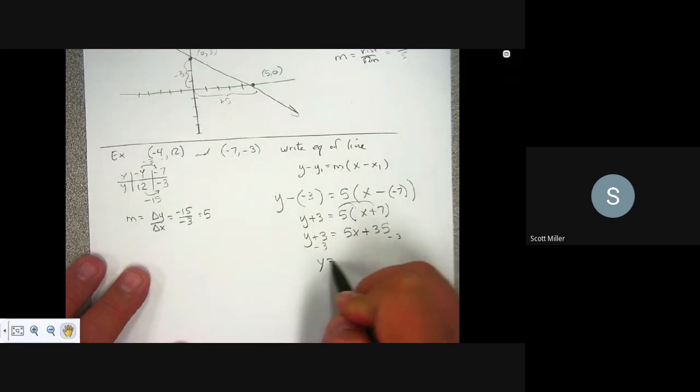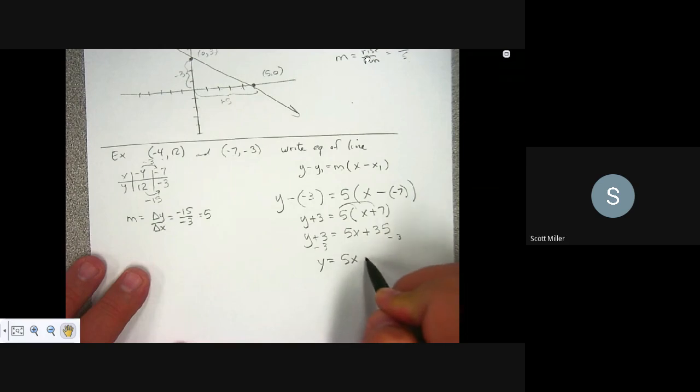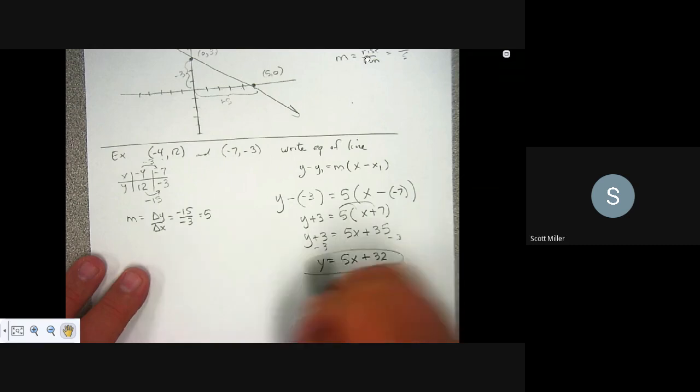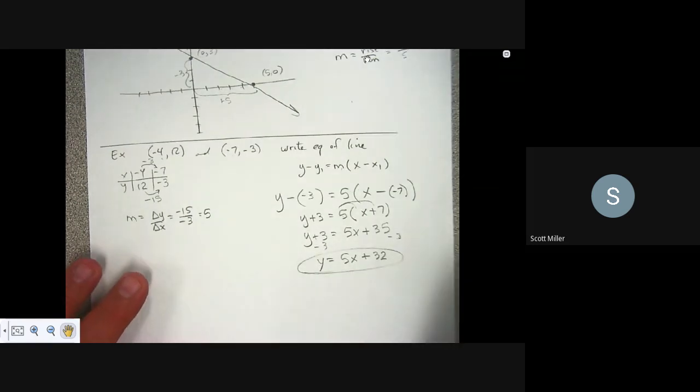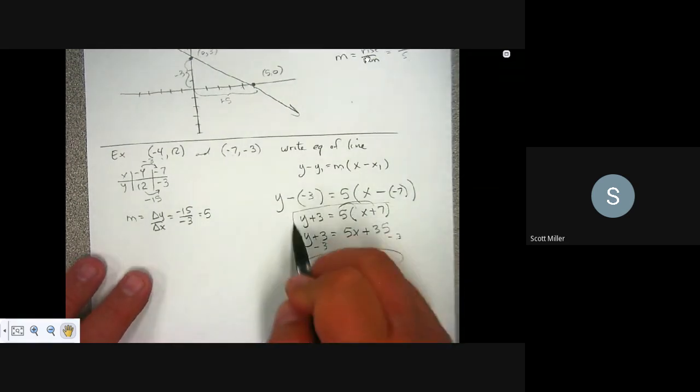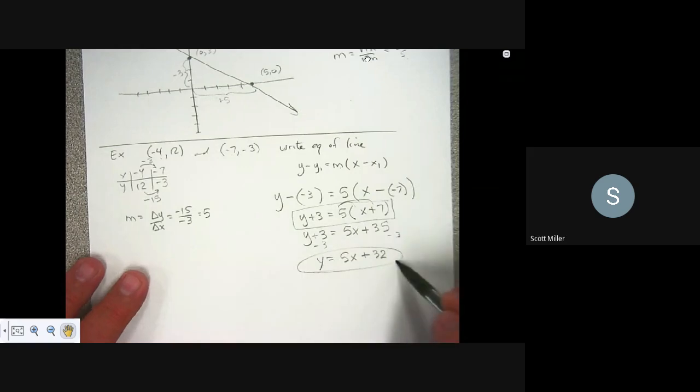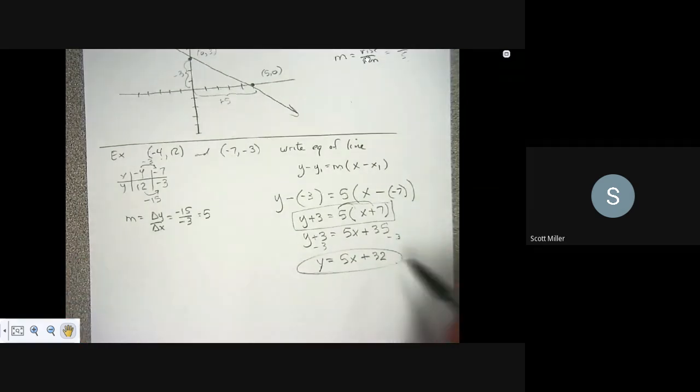And you'll get y equals 5x plus 35 minus 3, 32. And that's the equation there. This is an equation, and so is that one. So depending on what form they want your answer in, this is what you'll be asked to do there.